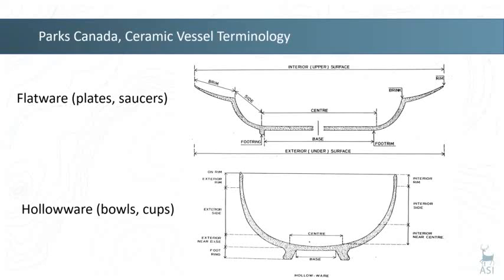Flatware isn't perfectly flat, it's got curves. And then a hollowware, if you look at the base of that piece of hollowware, it's got some pretty flat bits to it as well. So you can't go based off basic shape alone. You have to look towards some other clues to help you figure out exactly what you're looking at.